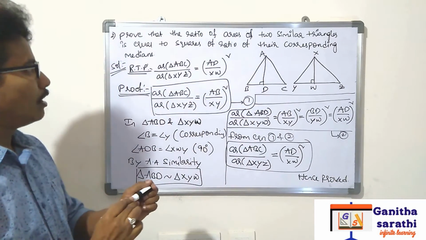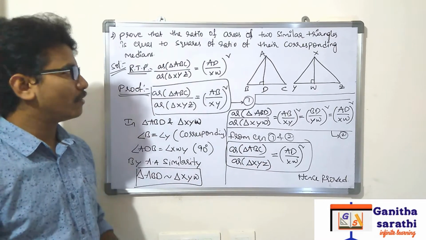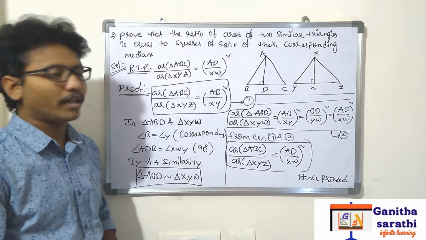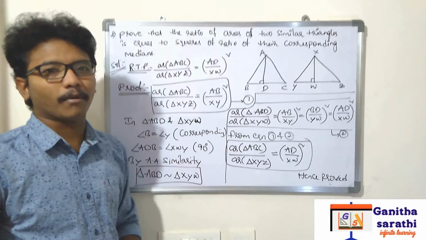Understood all of you? So, like this we will find the ratio of squares of their corresponding medians. Okay. Now, let us move on to the next problem.